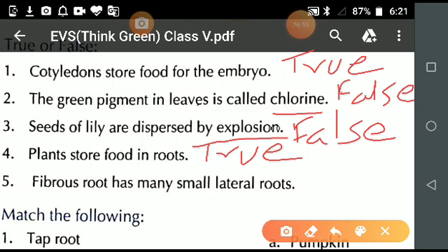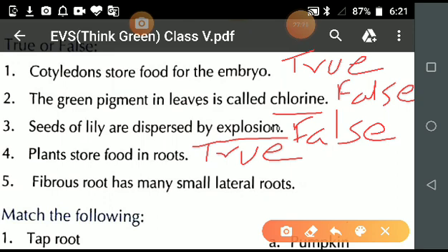What is the tap root? It is the main root which grows from the end of the stem. Is it clear? Tap root is the main root which grows from the end of the stem. And what happens? Many small roots grow from the main root. That is the tap root.